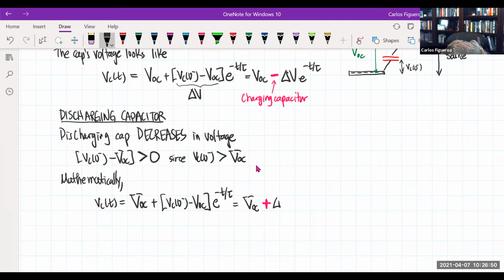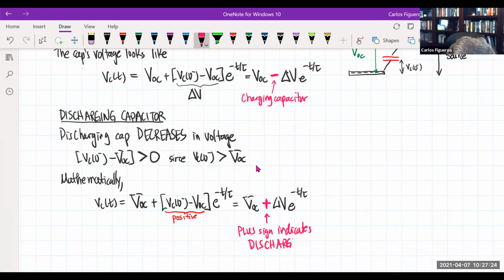So we know that this quantity right here is positive, whereas before it was negative. So the plus sign indicates discharging.